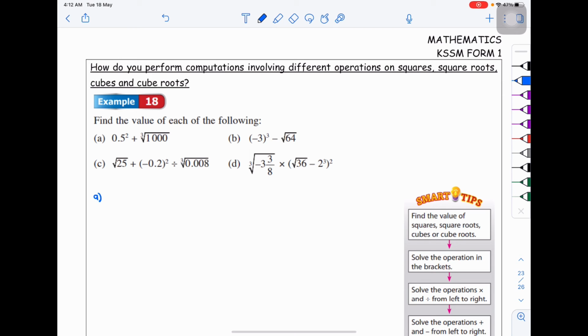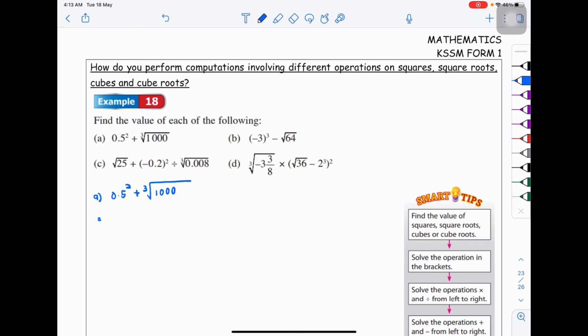So we have 0.5 square plus cube root of 1000. How to perform this computation? The concept of BODMAS still applies to this equation. But in this case there's no bracket, so we can do it from left to right.